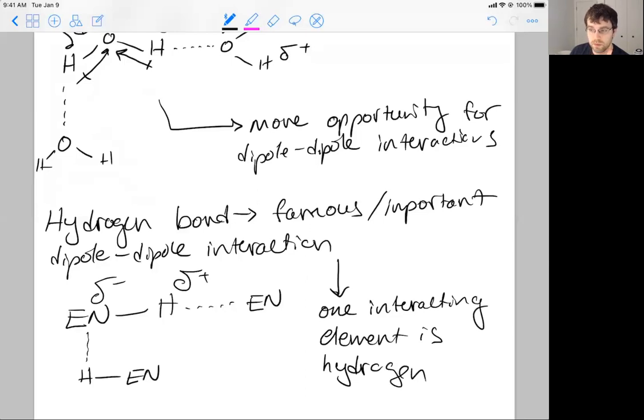So I want to move on to the next force, but I don't want to undersell this. Hydrogen bonds are so important. It's such a pronounced and interesting dipole-dipole interaction. It's everywhere, especially in biology. When we talk about DNA, one thing that should come to mind is the idea of a double helix. The double helix is critically important for the stability of DNA and our ability to replicate cells.